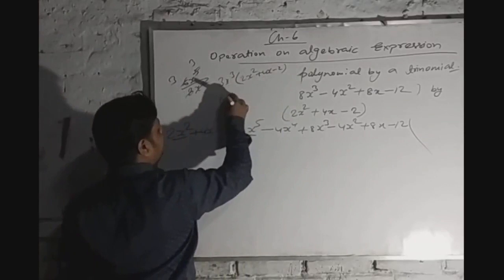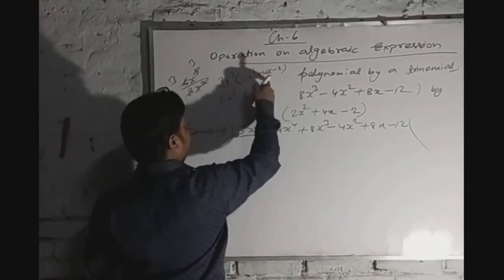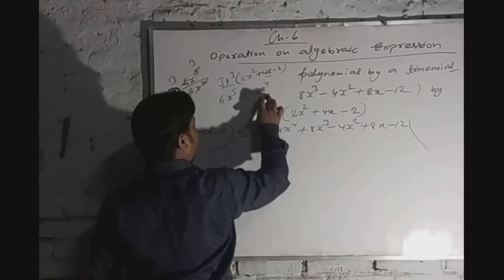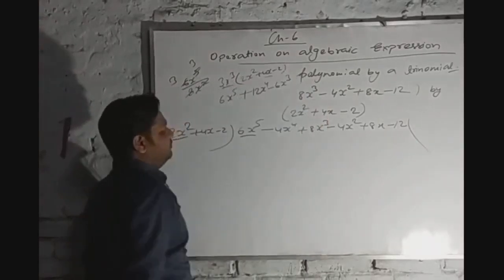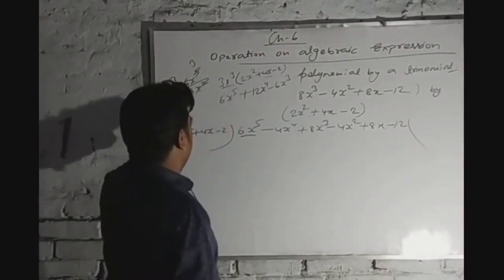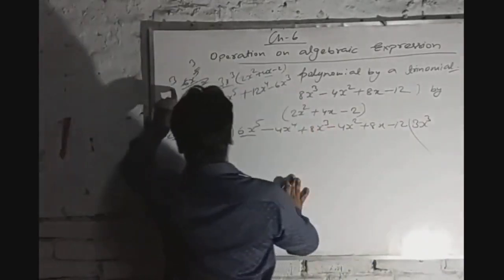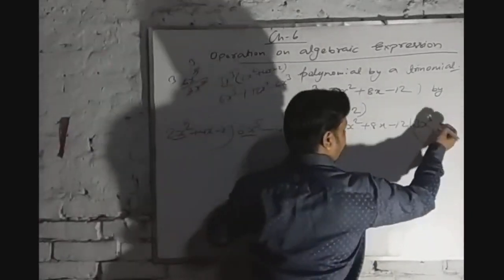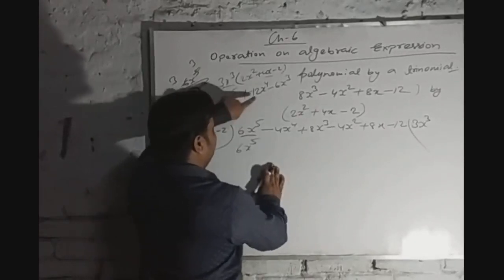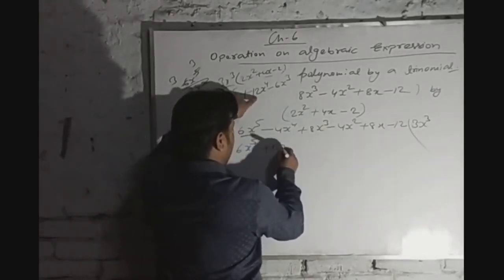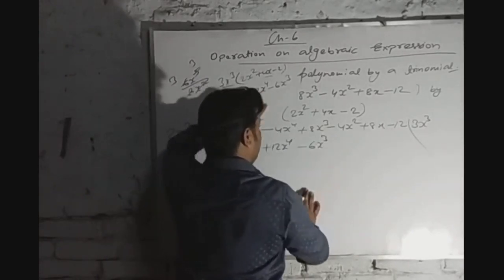It will be 6x to the power 5 plus, then multiply this term with this term. 3 4 is 12 and x to the power 4. Then 3 2 is 6 and x cube only. Okay, the value will be this. So here we will write 3x to the power 3, and here we will write 6x to the power 5 plus 12x to the power 4 minus 6x cube.